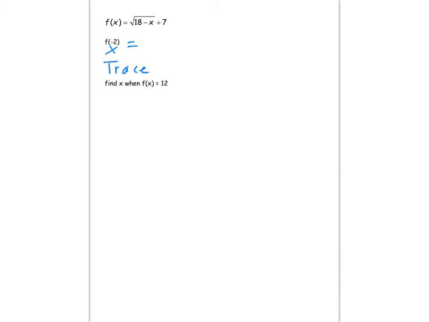If you're plugging in x, remember to use parentheses. You'll have 18 minus negative 2 in parentheses, and then add 7. When I enter that into my calculator, how I have it written, I get 11.472.